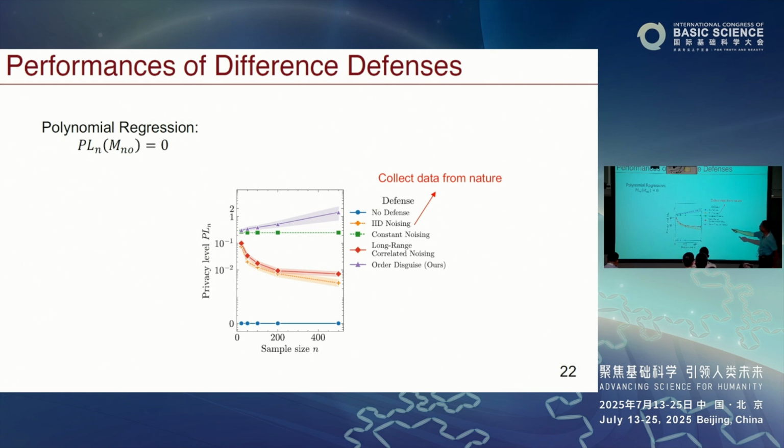If you don't do defense, which we denote as no defense, you just give the actual F star value. Then, of course, the privacy level is 0, because once you reach the number of parameters, you exactly recover the model. So that's really bad. Is that clear?